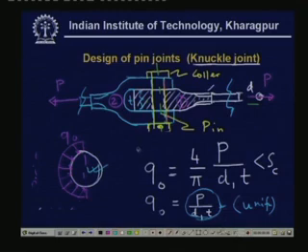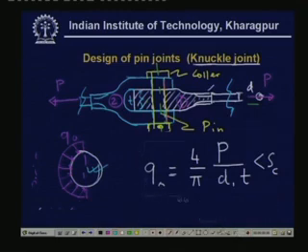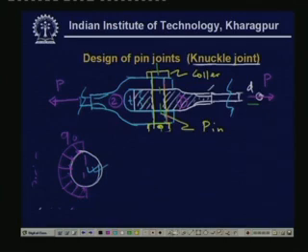The strength criterion based on that is P divided by the total area, that is D times d1 times t, which is the projected area, and this must be less than SC, the crushing strength.